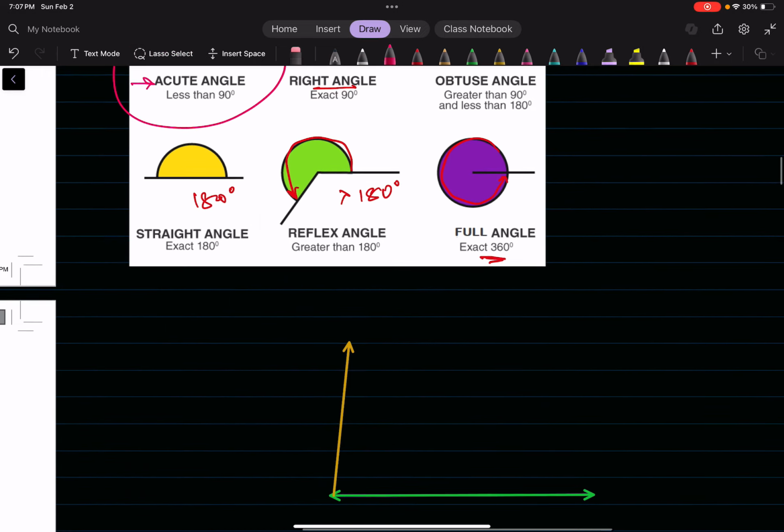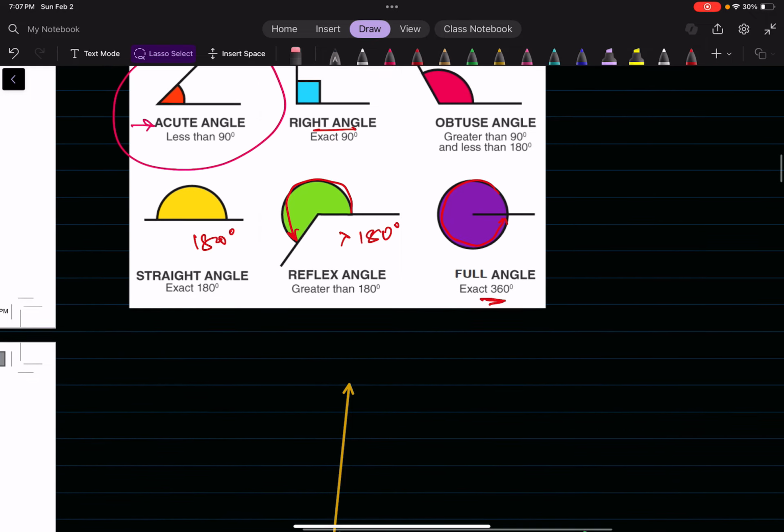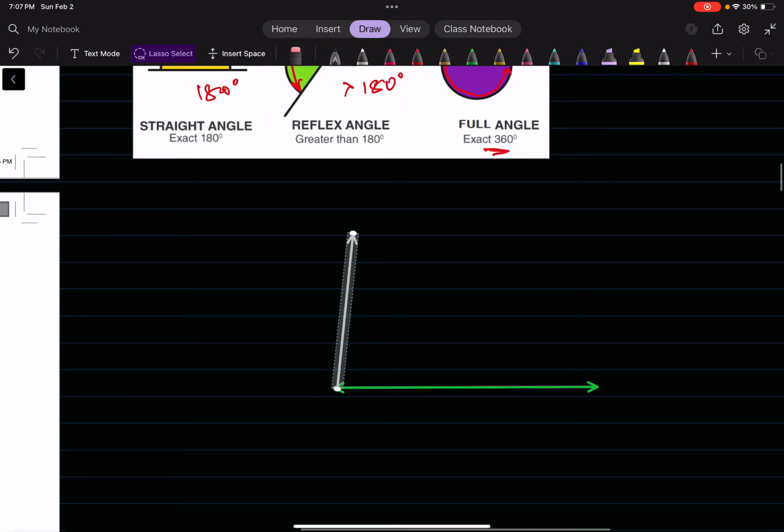Then the second one is the right angle, which is exactly 90 degrees. And the third one is far simpler. When this angle is 180 degrees, the angle between this and this is 180 degrees.